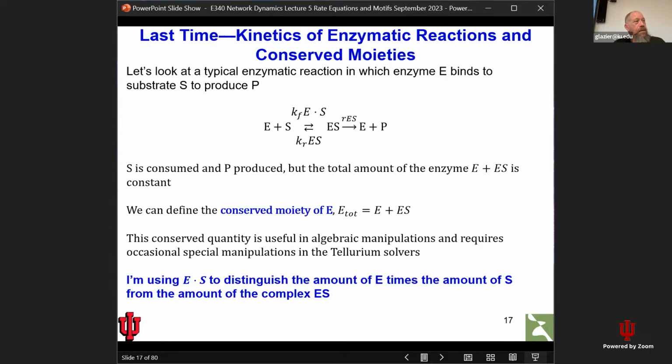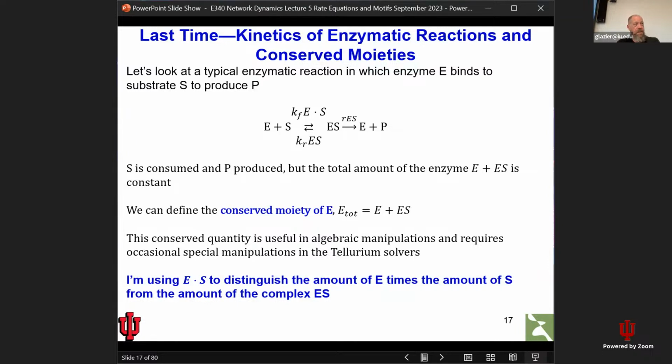And now I want to come back to where we were last time, and I'd ask people perhaps to fire up Tellurium now, or we can do it in a few minutes. But we were doing this enzymatic reaction as our first non-trivial example. So we have a substrate, chemical S. It binds reversibly to an enzyme E, and the rate of binding is mass action.